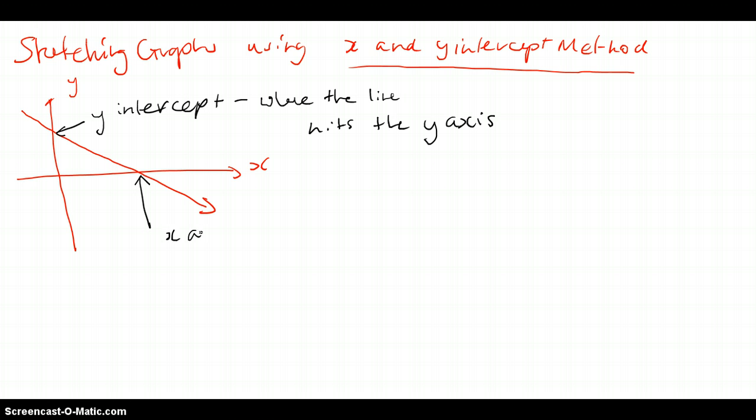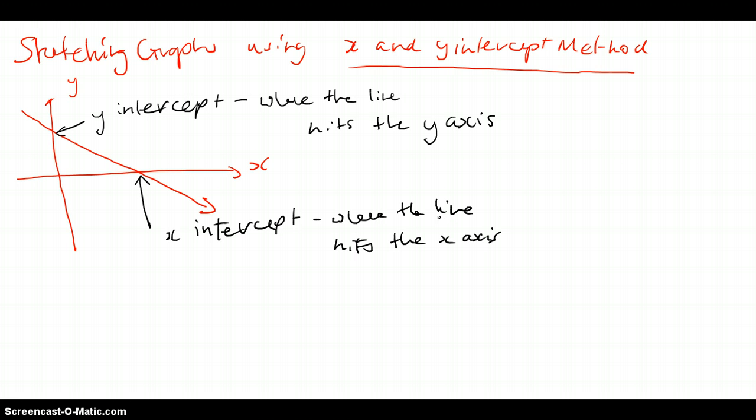So this is known as the x-intercept. And the definition for x-intercept is where the line hits the x-axis.